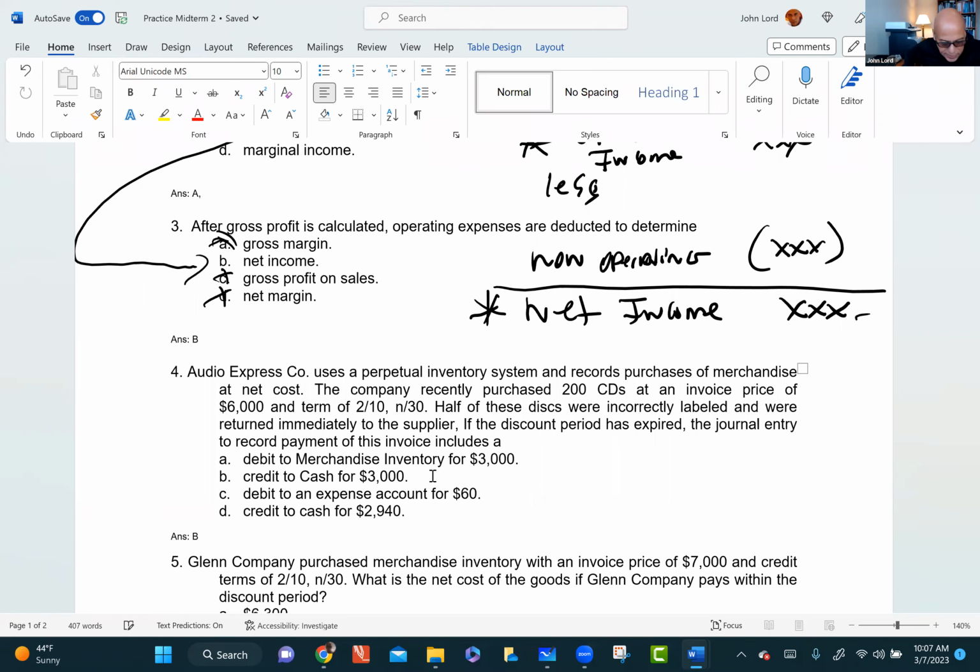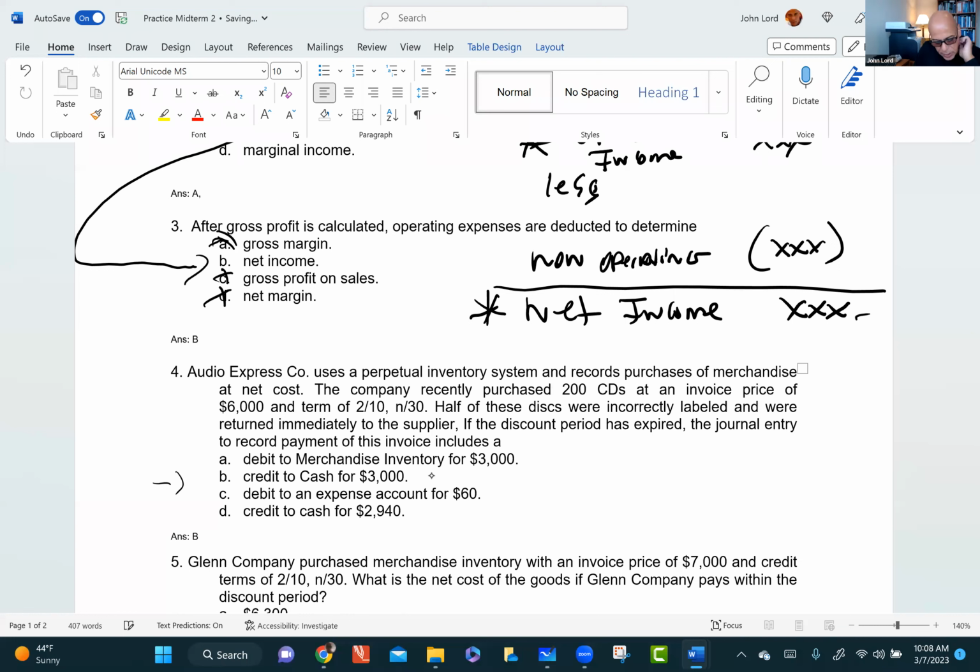Okay, that's your training. Even though this question is asking you a debit, credit, they're asking you one side of the journal entry, make the entire journal entry. The way I've trained you, the way we've practiced, is for you to make an entire journal entry when you're calculating something, not half a journal entry. And that's the way you should approach it.